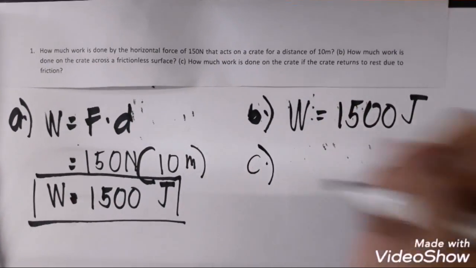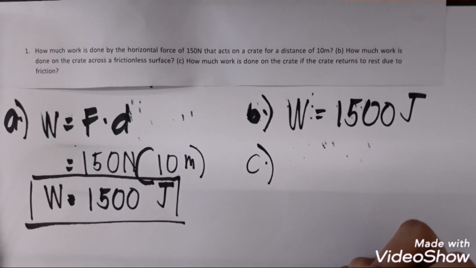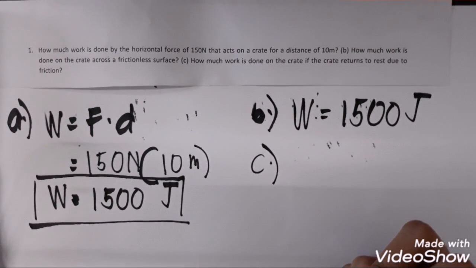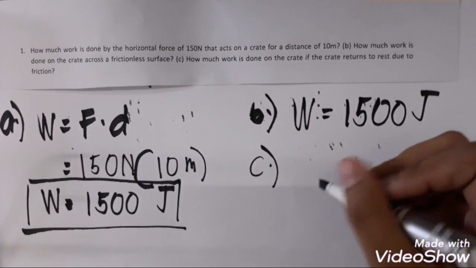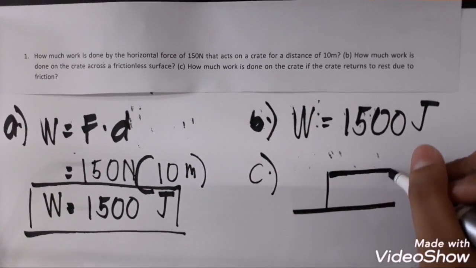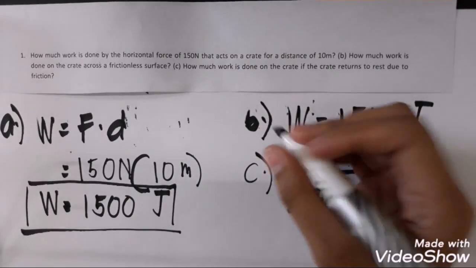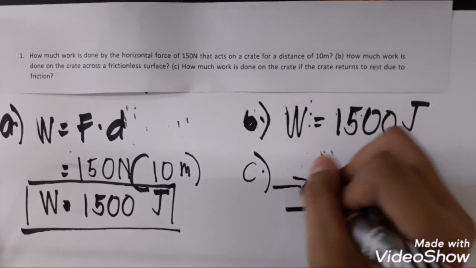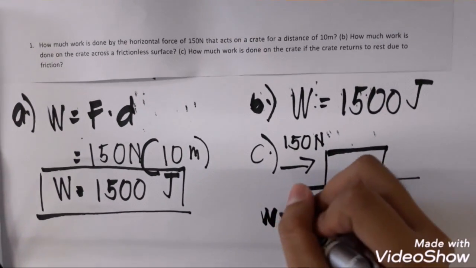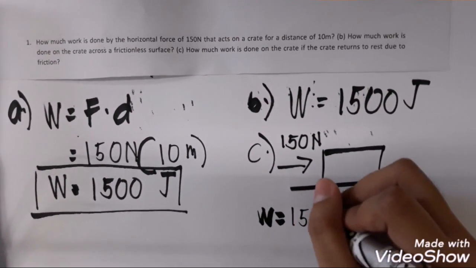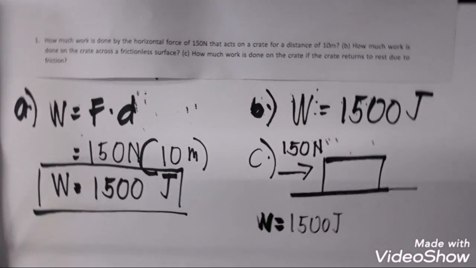Question letter C. How much work is done on the crate if the crate returns to rest due to friction? So, we have a force of 150 Newton. Work done is 1,500 joules.